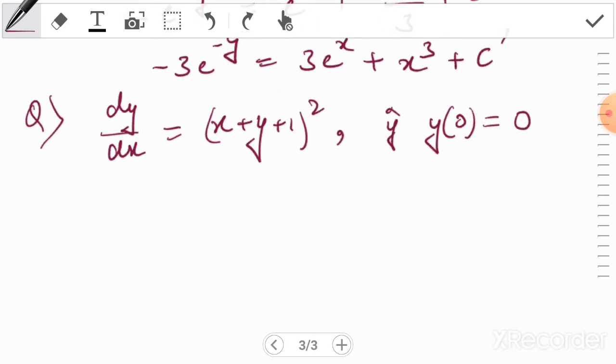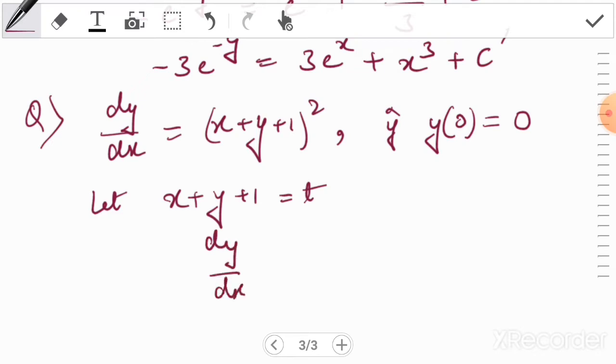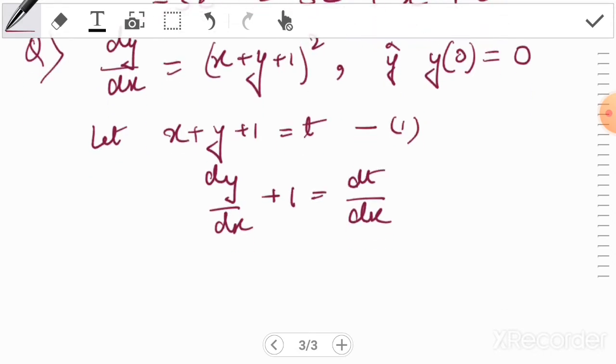Okay, now let us put x plus y plus 1 is equal to t. Then we get dy by dx plus dx by dx, that is plus 1, is equal to dt by dx. So differentiating this with respect to x, dy by dx is equal to dt by dx minus 1.